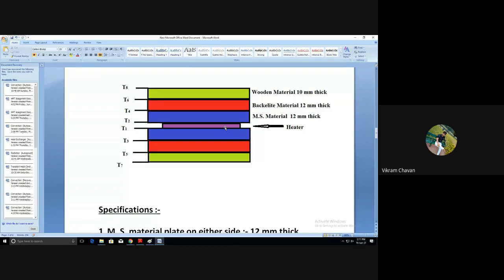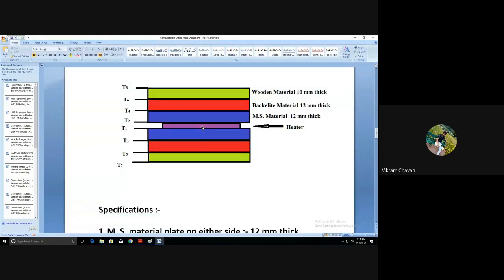The heat will be distributed uniformly over the entire surface area of the plate, and then it will be provided to the respective composite wall. So the heat will be provided uniformly to the composite wall because of the aluminum plate. As the heater is placed at the center, it would otherwise provide heat only where it touches the plate.